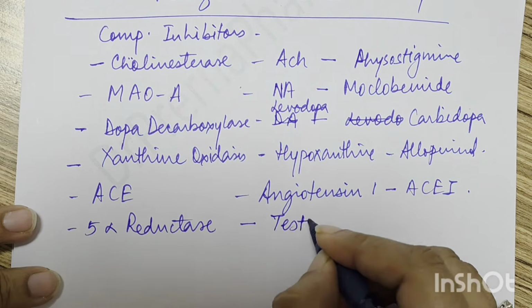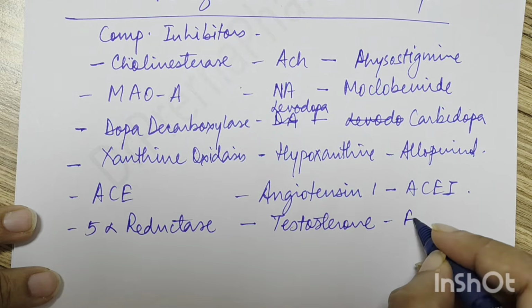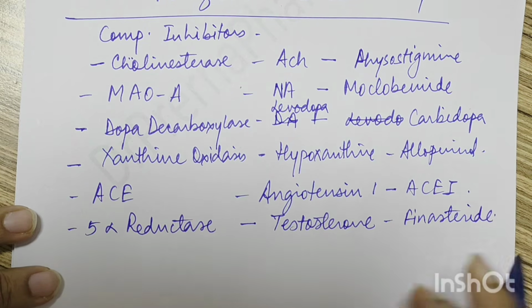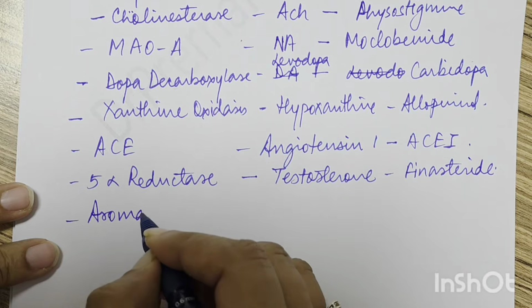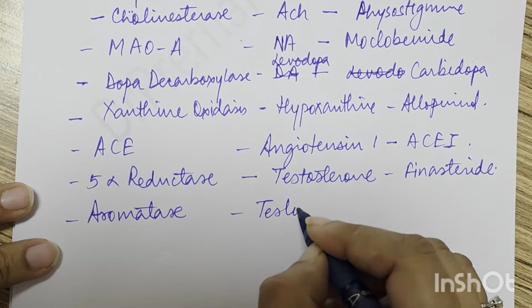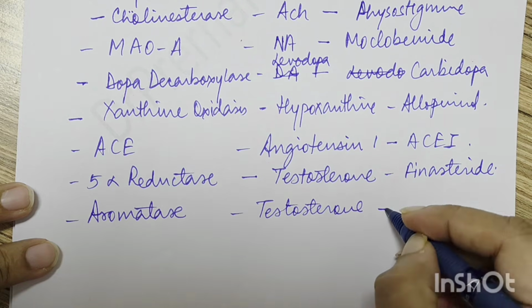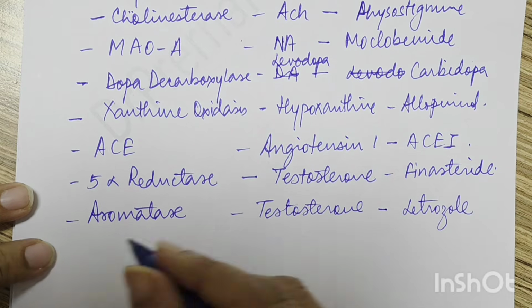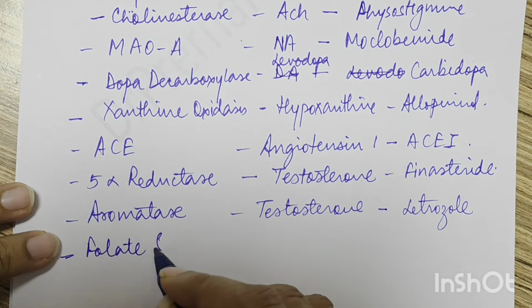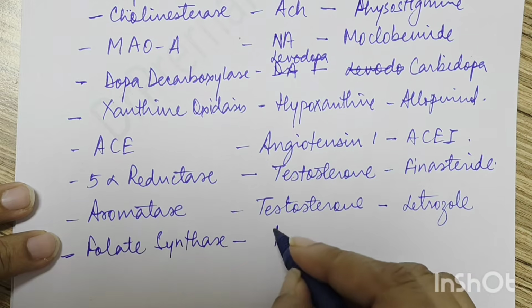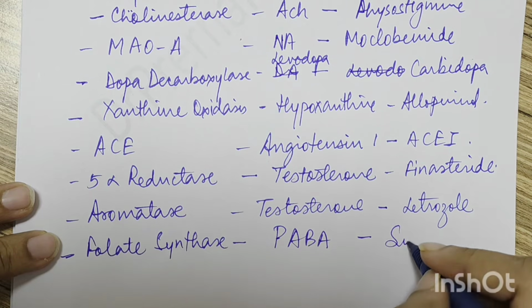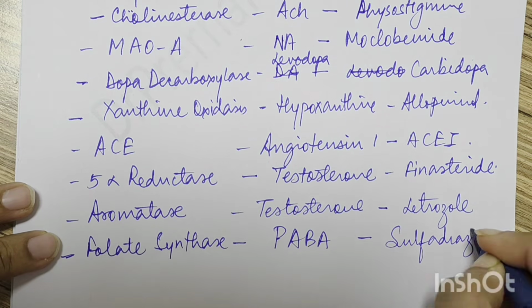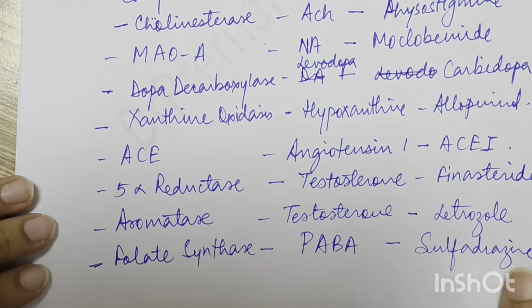The substrate is testosterone, and the drug is finasteride, which is a 5-alpha reductase inhibitor. Aromatase, the substrate is testosterone, and the drug which is an aromatase inhibitor is letrozole. Then we have folate synthase. The substrate is PABA, and the drug which acts on it is sulfadiazine. Okay, so these are the competitive and non-competitive inhibitors that we have seen.